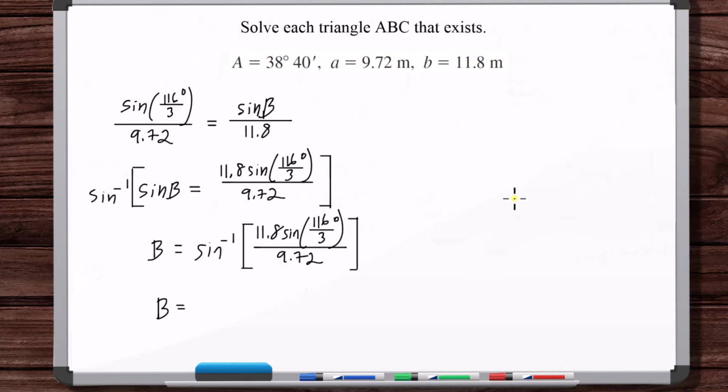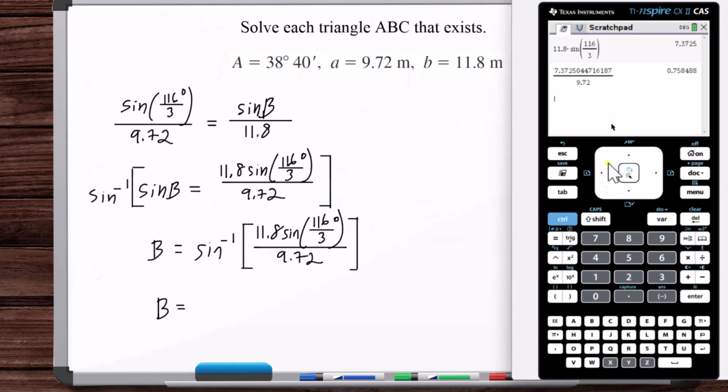There's going to be one triangle possible here. So, okay, let's see. We've got the inverse sine.